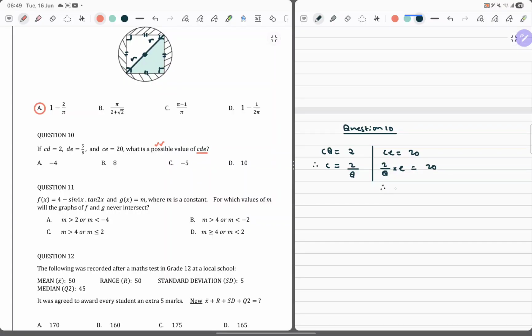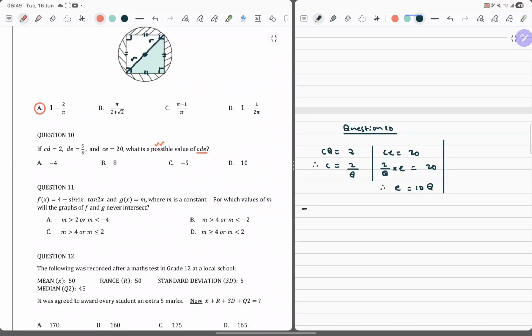Now we know that C is basically 2 over D times E is equal to 20. So we can already see that E would be D times 20 is going to be 20D divided by 2. That's 10D. Okay. That would be it. And then we can come back to DE.